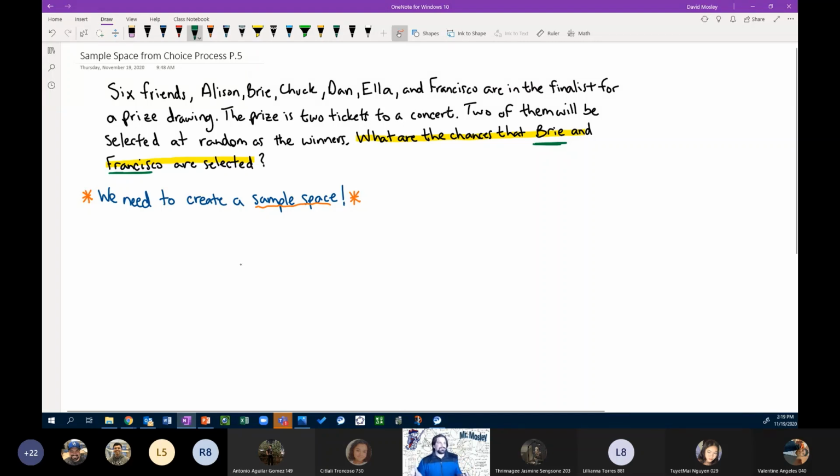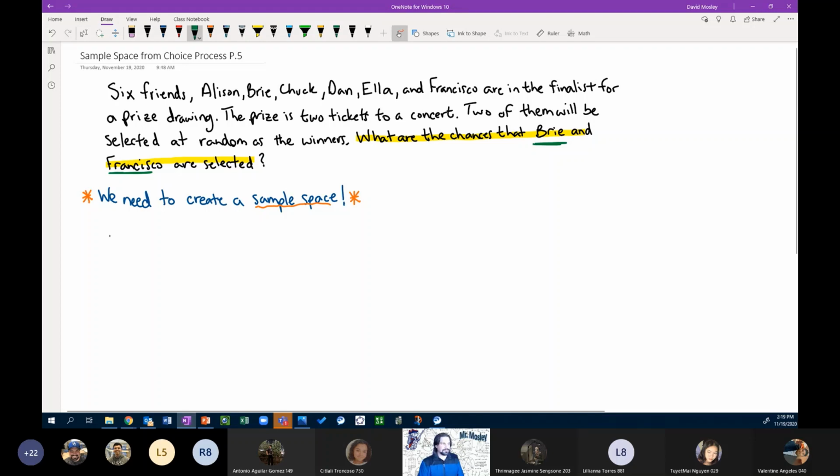So if it was just, what are the chances one of them is selected, and they're all equally likely, it'd be 1 out of 6. But we're randomly selecting 2 people out of the 6, and we're asking about 2 specific people.